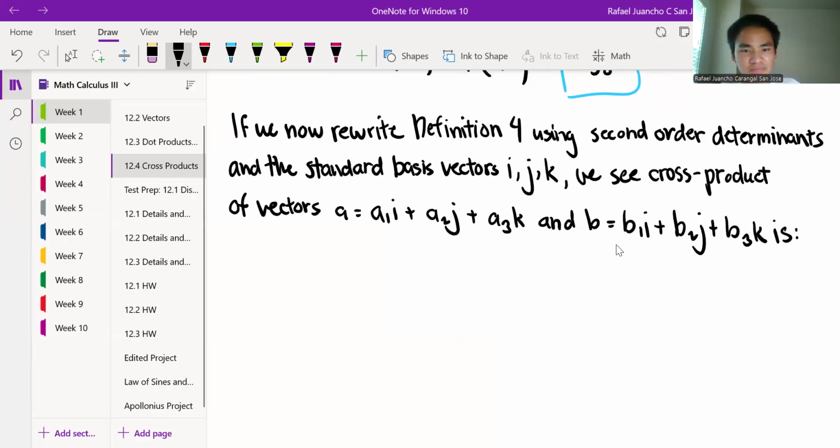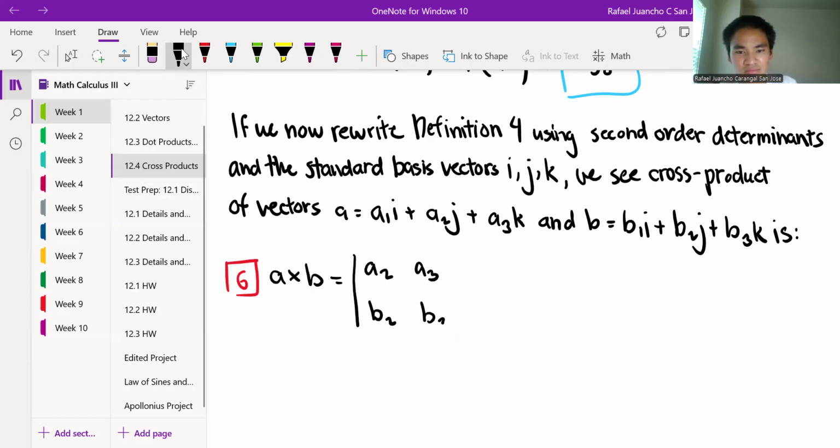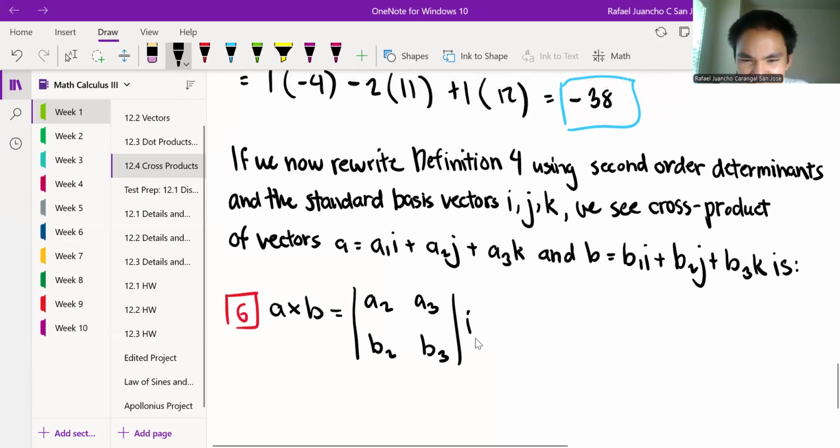And we have this. The cross product of vectors A and B is this thing. A2, A3, B2, B3, I. Now, where did we get A2, A3, B2, B3?